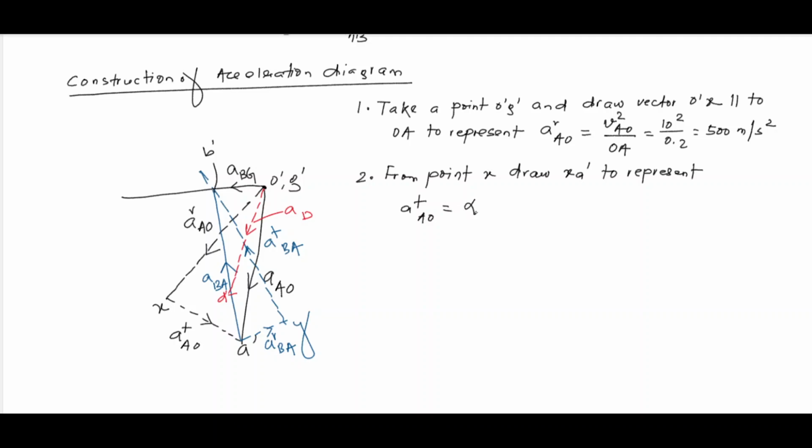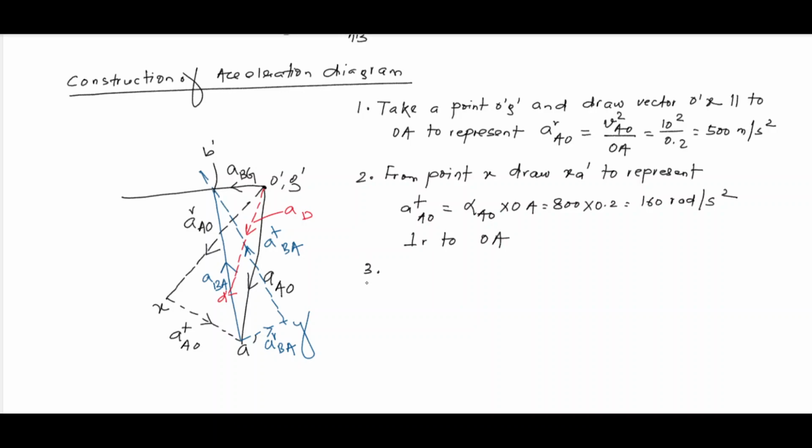Magnitude is alpha AO multiplied with OA. So it is 800 multiplied with 0.2, that is 160, and direction is perpendicular to OA. So we got x a dash. Okay, so we find point a dash.